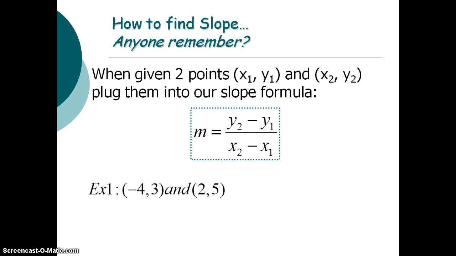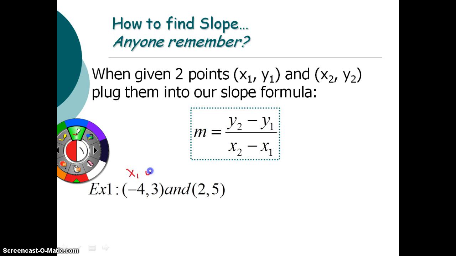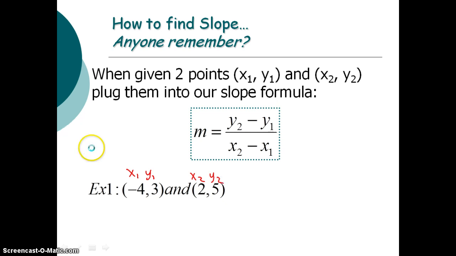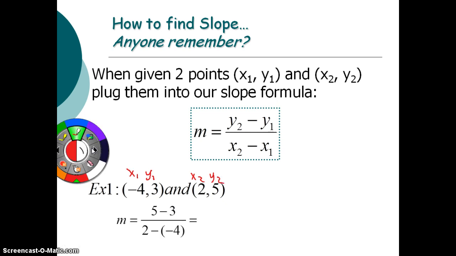So for example, if we were given the points negative 4, 3, and 2, 5, you could label these x1, y1, x2, y2, then plug them into the slope formula. Whenever you plug them in, you would get 5 minus 3 over 2 minus negative 4. That would give you 2 over 6, which then simplifies to 1/3.